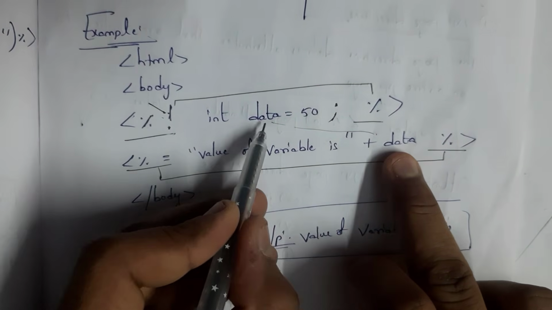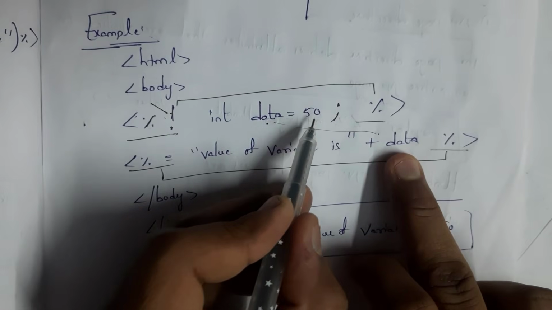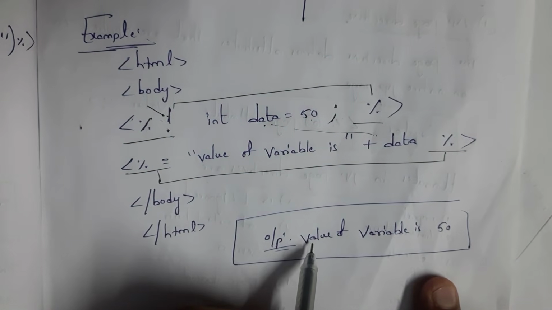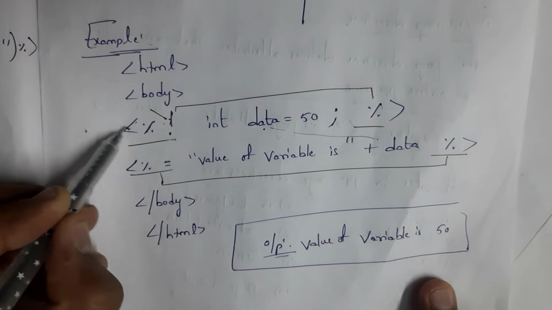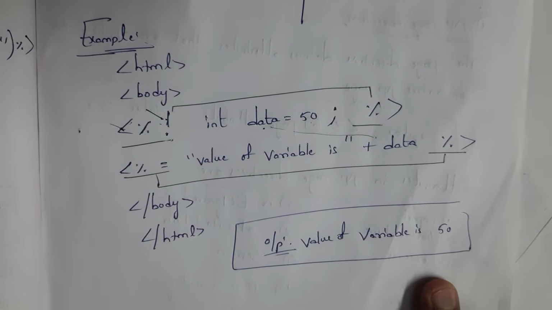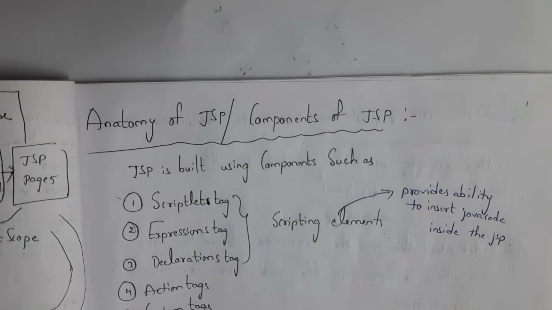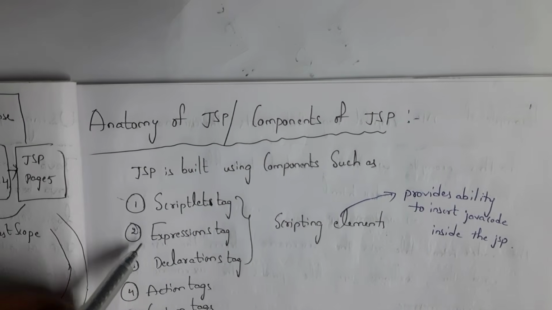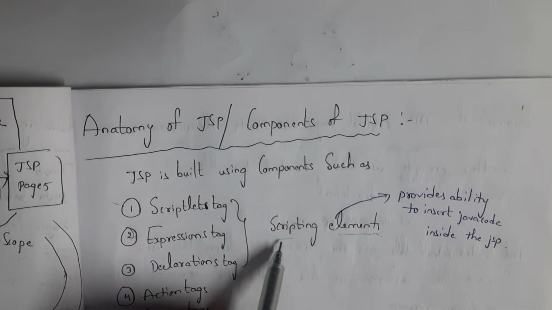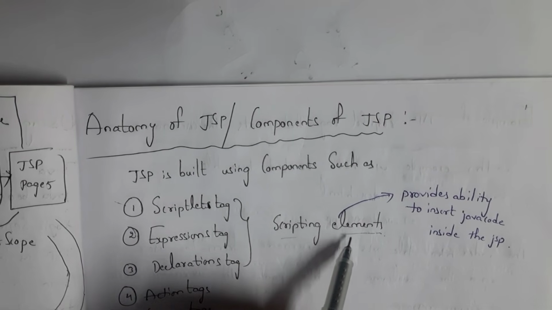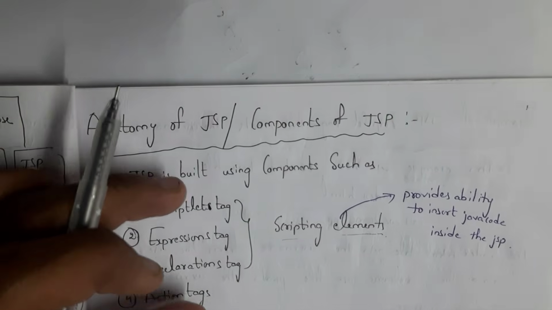What is data? I gave data as 50. So the output is value of variable is 50. This is the output, where this one is the declaration tag and this one is the expression tag, and we call the scriptlet tag, expression tag, and declaration tag scriptlet elements. If you get a question like explain scriptlet elements in the exam, you need to write these three.